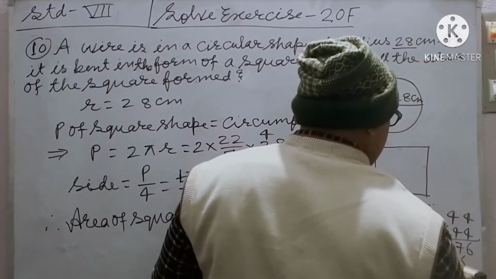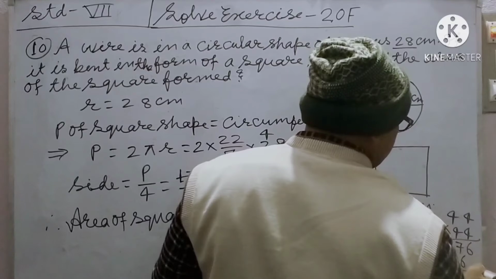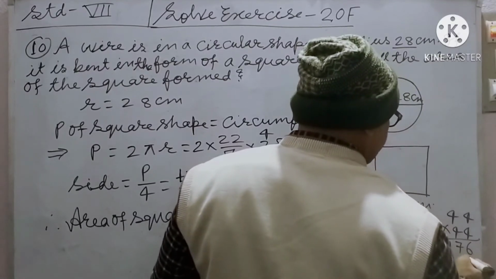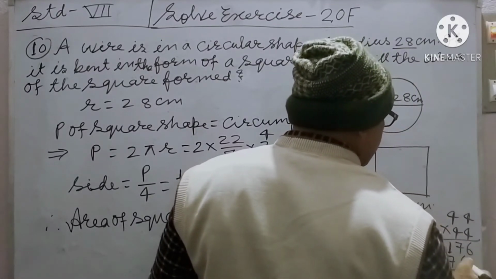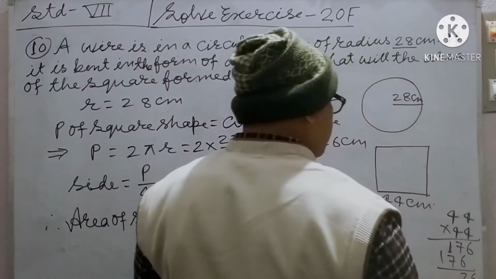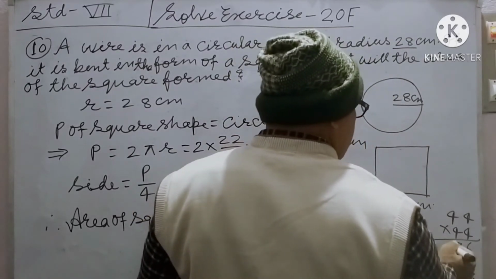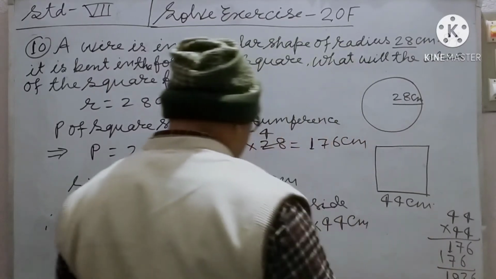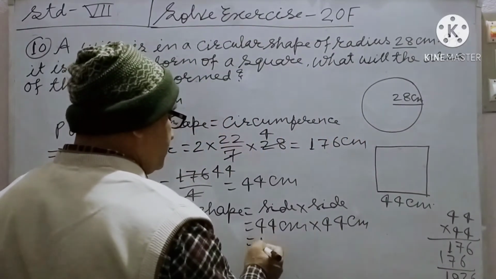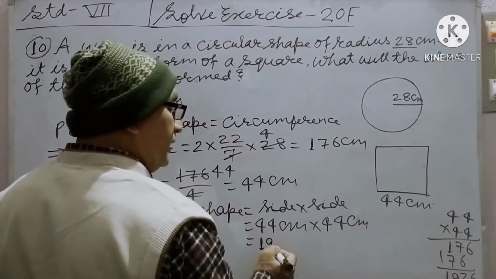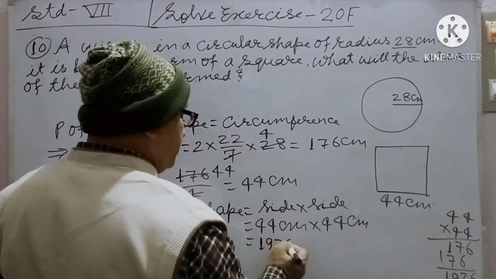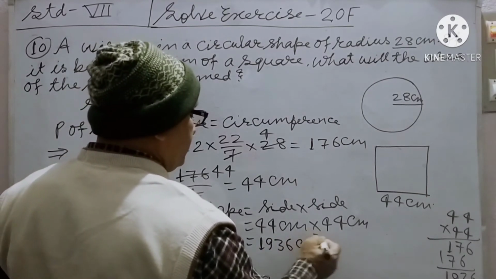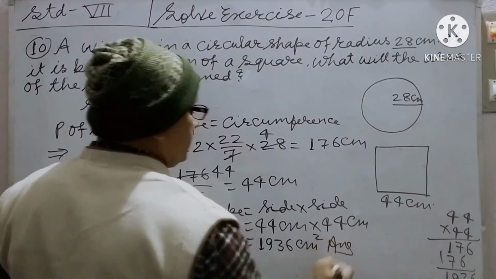Now 6, 7 plus 6 is 13, 7 plus 1 is 8 plus 1 is 9. 1936 cm square. Answer of this question.